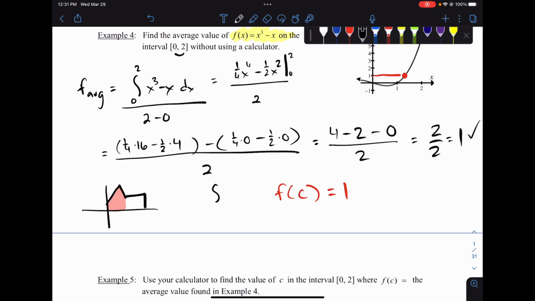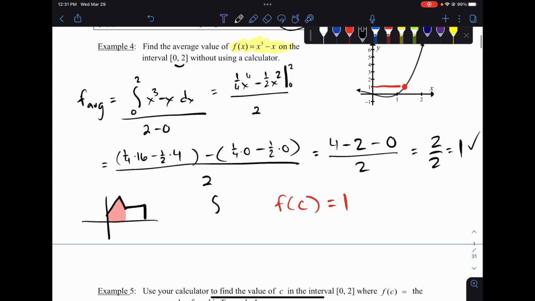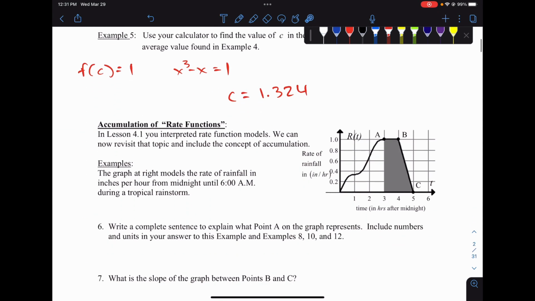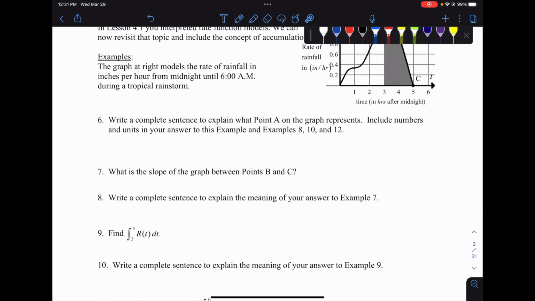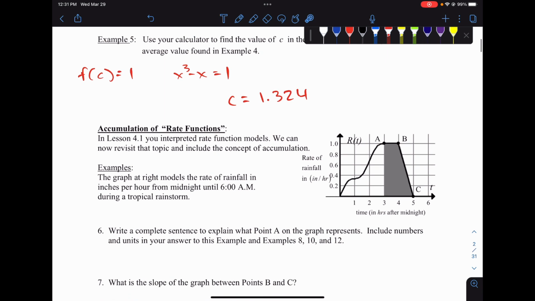So it presents different ways of doing these problems, but all of them are the same. You find the integral, whether you integrate, calculate, or graph, and you divide it by b minus a, and you're good, okay? We'll practice a few of those in class together. For now, you're not in class together, so practice those on your own.